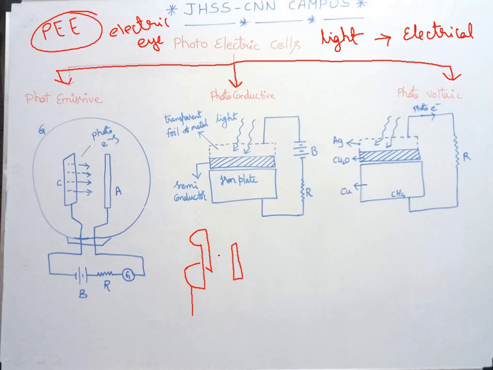What is the reason? If we place a curved surface like this, the moment radiation falls on it, it has more area, and from all these respective areas the electrons will move towards the anode. So that's the purpose, why we are considering this. Are you getting the point here? Right. Let me erase this so that it will be much clearer for you.